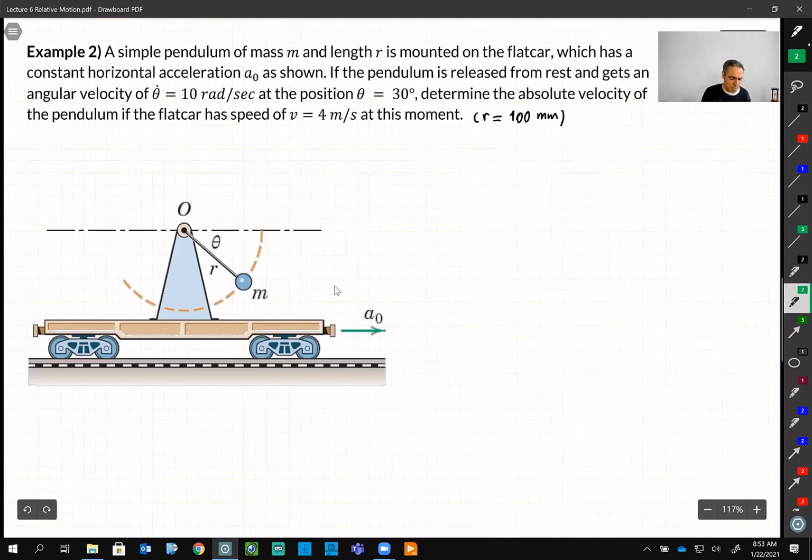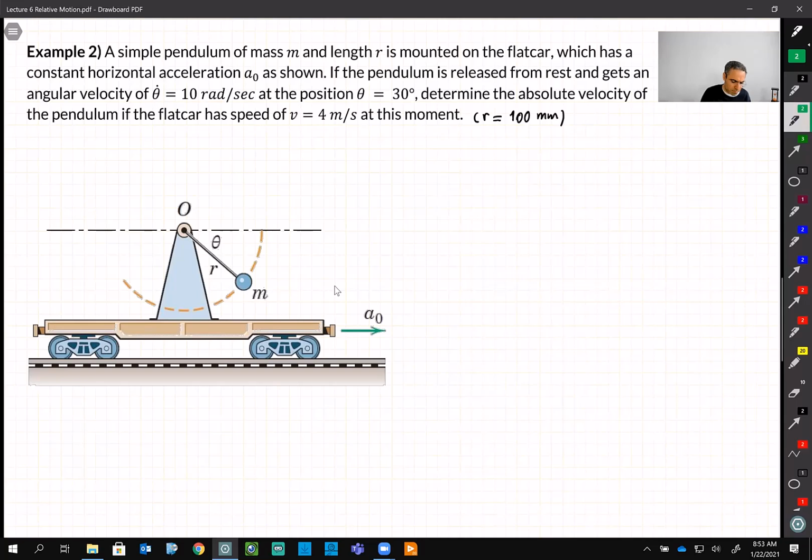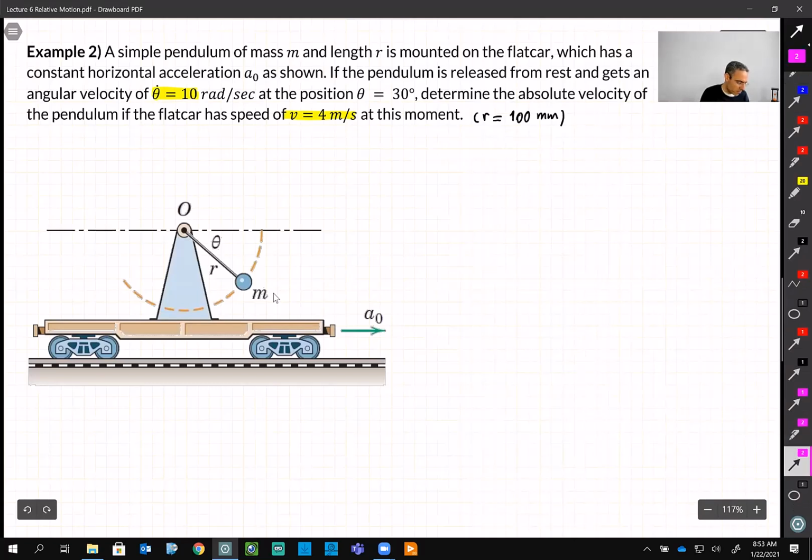So the car is moving, it says, with the velocity of 4 meters per second. So that's one thing that we know. And we know omega is coming down. We want to know the absolute velocity of this mass m. Okay, so from what you've learned so far, try to find velocity of this one. V, which you know, right?